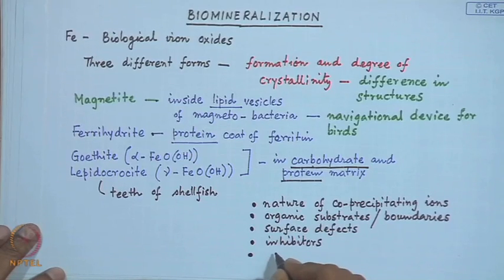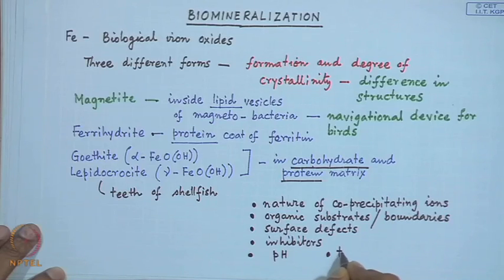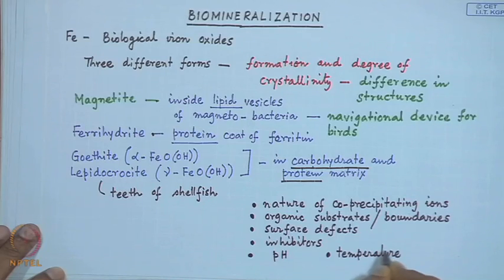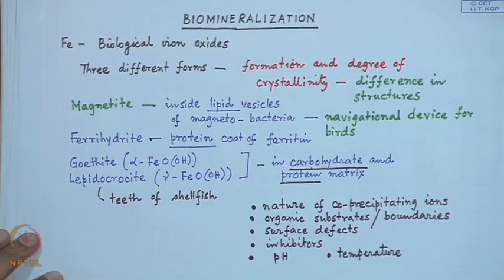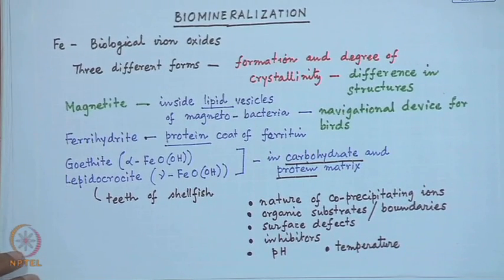And lastly, the two most important controlling factors are pH and temperature. All these factors control the growth of this species, whether they will form magnetite or ferrihydrite in a typical form.